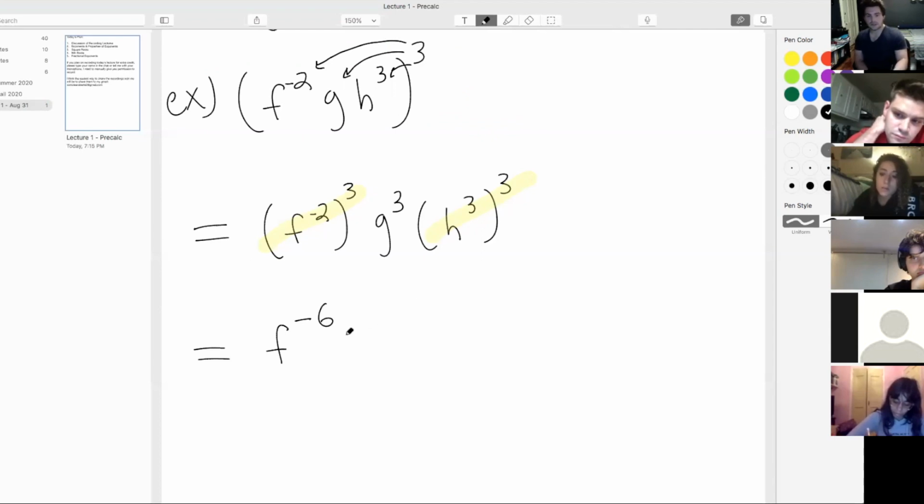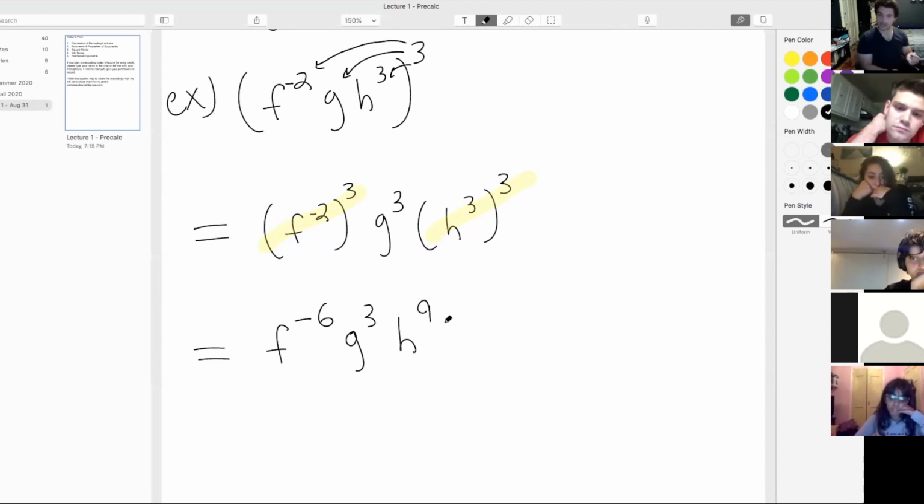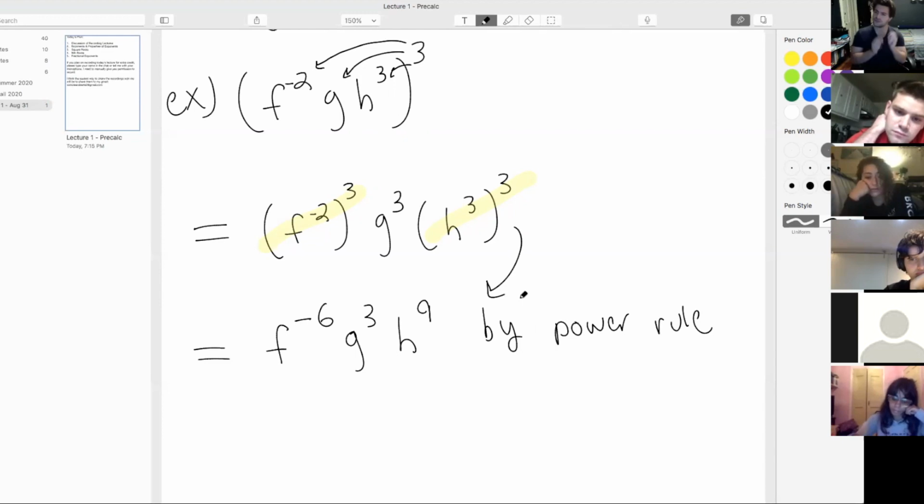The g to the third can stay, and h to the third, that whole thing to the third power, that's h to the 9, because 3 times 3 is 9. And so this was by power rule. That's how I got to this equal sign here. So from here to here was just our previous power rule.